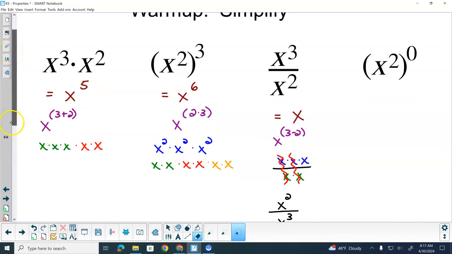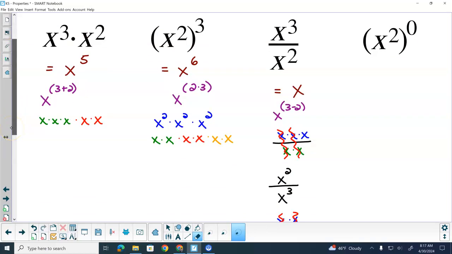Okay. X squared to the 0 power. What do you got for it? To the 0 power. So what did you get for an answer? Nope. Back in your notes.